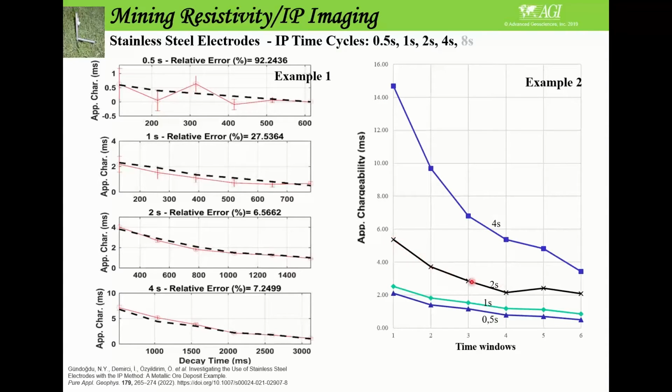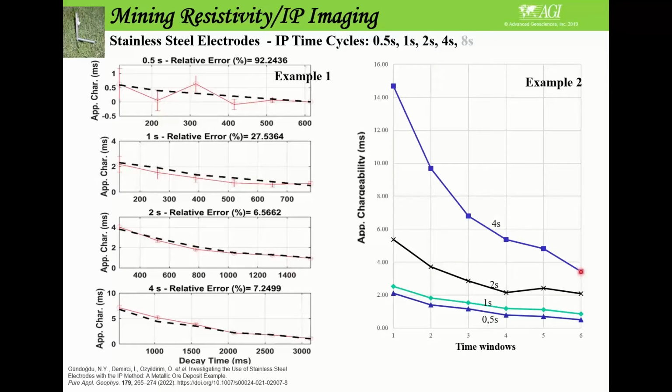The decay gets cleaner when I have more stacking. When I go to 4 seconds, I'm doing more stacking, but 4 seconds takes lots of time to measure. If I don't have a time limitation, then okay, I'll do 4 seconds, but then I might need a couple of days to finish one line.